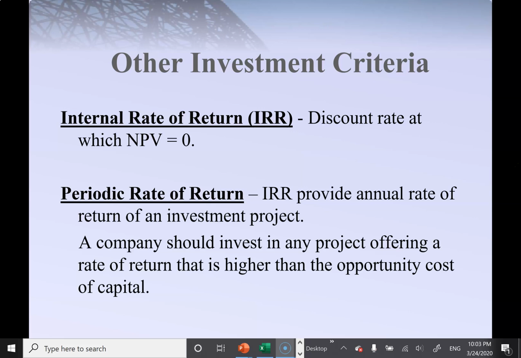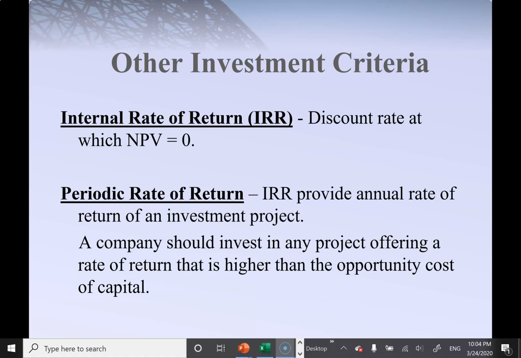Another investment criterion that is widely used is the internal rate of return. We have used the internal rate of return for some time now, but the technical definition of internal rate of return is that it is the discount rate that makes the net present value equal to 0. Right?